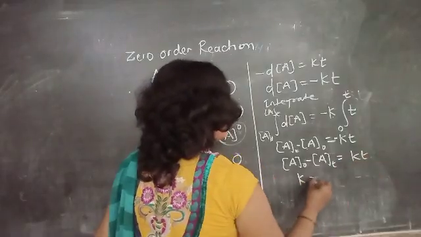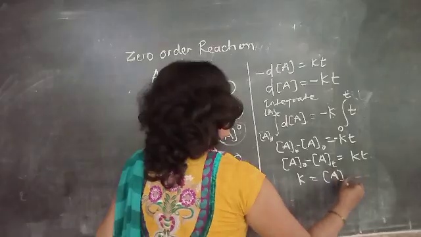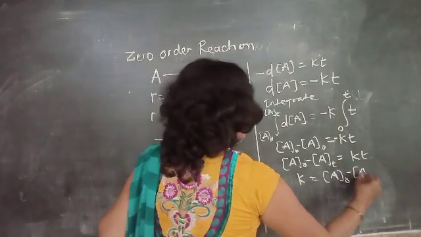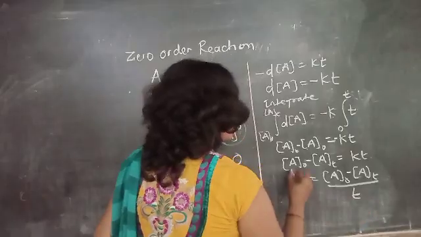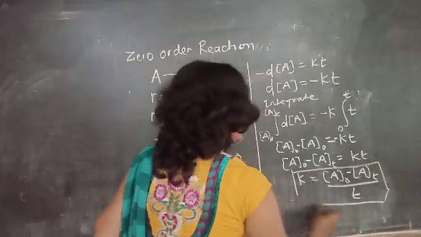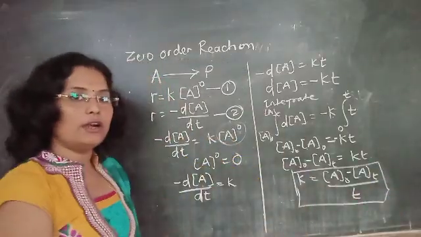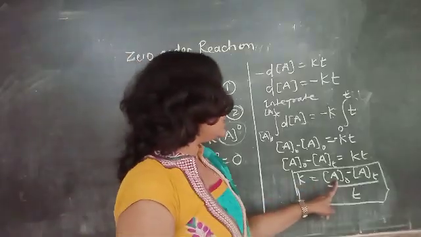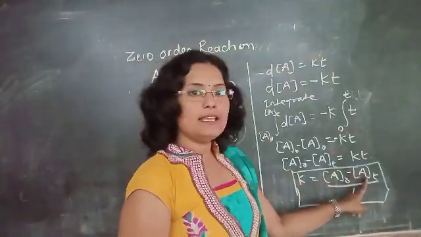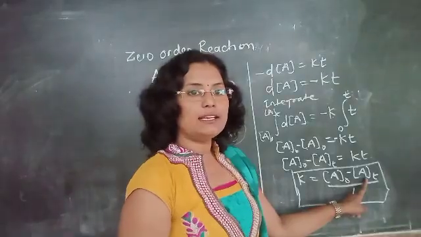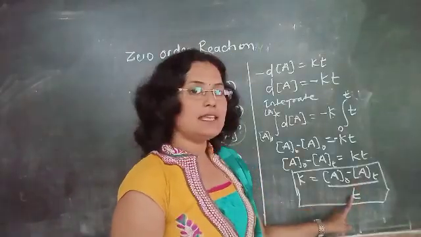So k is equal to A0 minus At upon t. This is the integrated rate law for the zero order reaction, where A0 is the initial concentration of the reactant, At is the concentration of the reactant at time t, and t is the time.